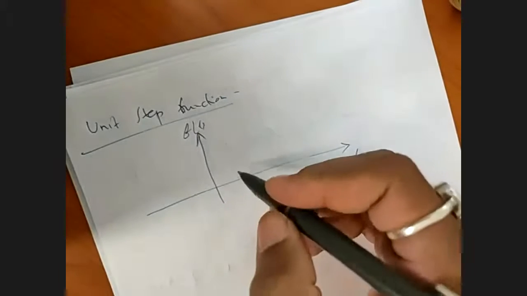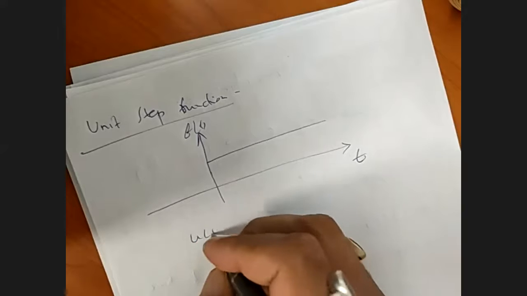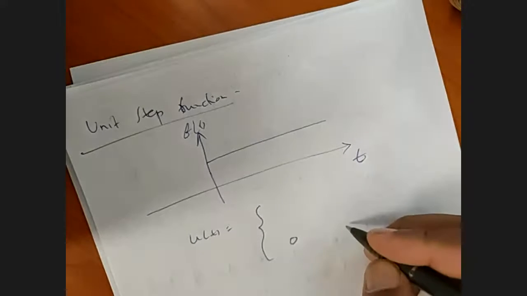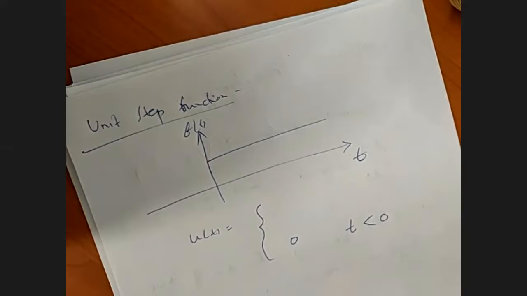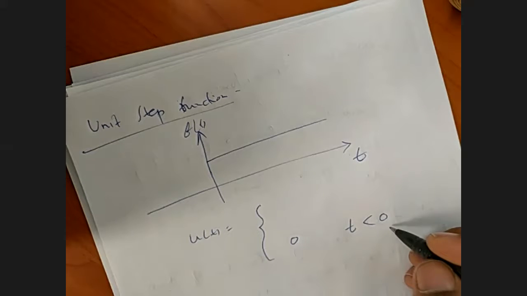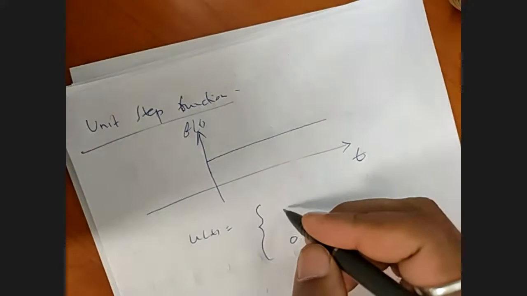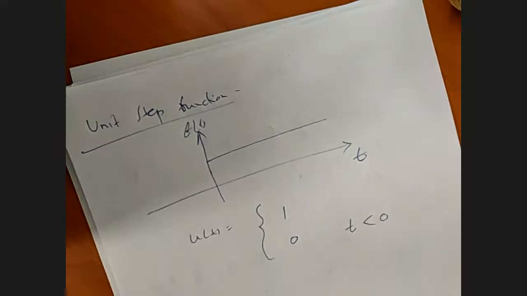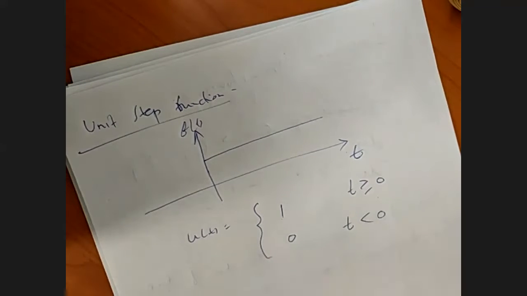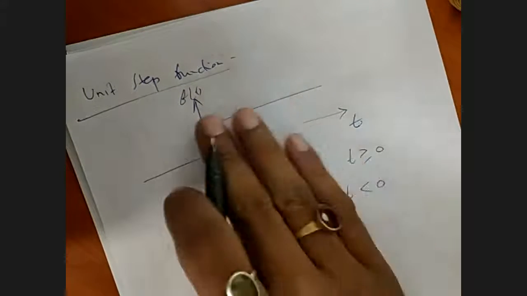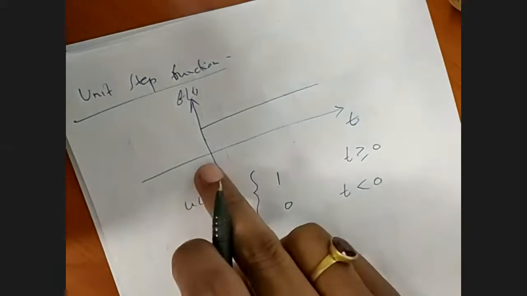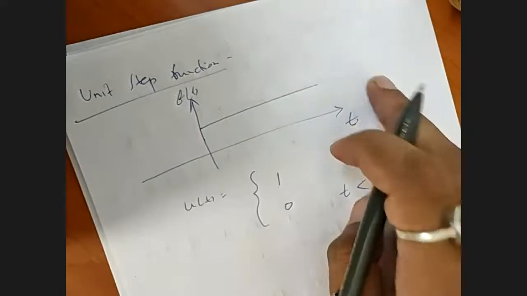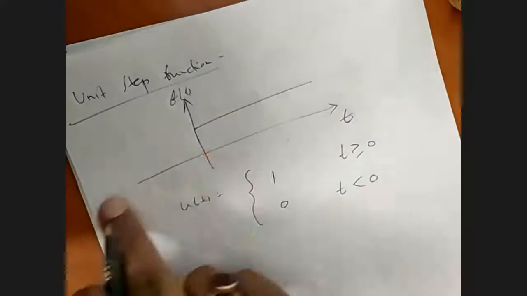A unit step function is simply a function which is 0 when t is less than 0, and when t is greater than or equal to 0, then it will be 1. This is a unit step function. So at t equal to 0, we have applied an input in the system, and before t equal to 0, we have zero input.